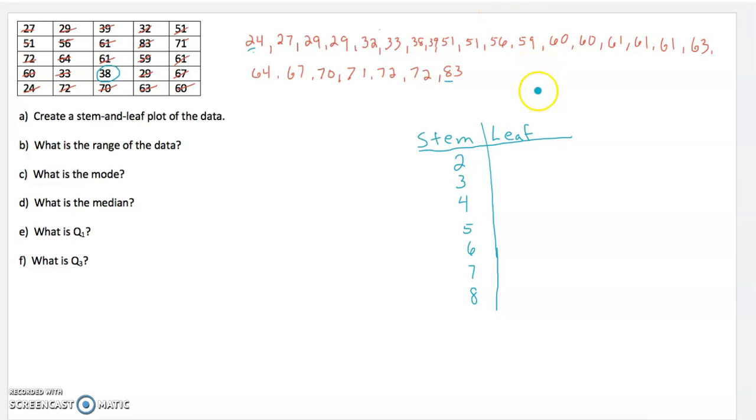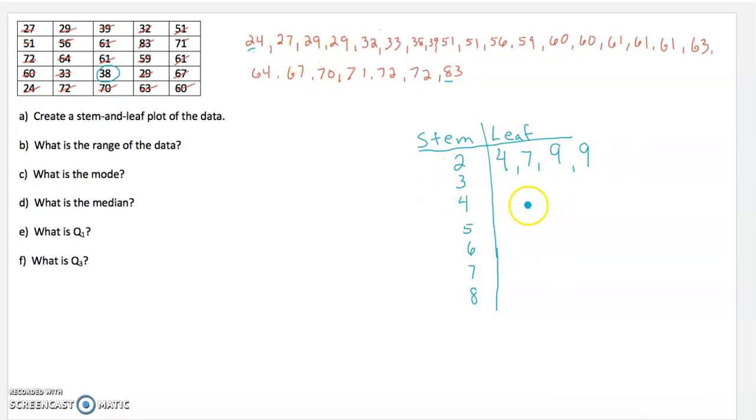Okay, the leaves. So I'm going to start making them. I'm not going to tell you exactly how I made them to start off, but see if you can figure it out. So for the stem of 2, for the leaves, I'm going to write 4, 7, 9, 9. Now see if you can figure out how I got them.